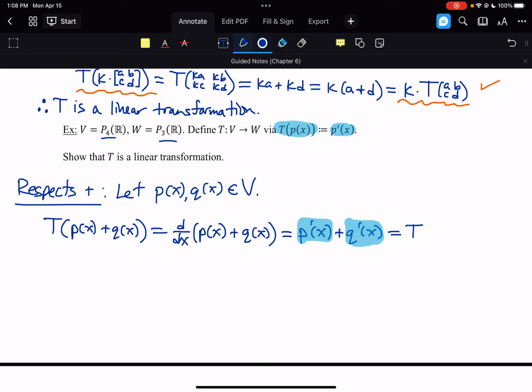So this is the transformation of p of x plus the transformation of q of x. So the transformation of p plus q is the transformation of p plus the transformation of q. So it does respect addition.